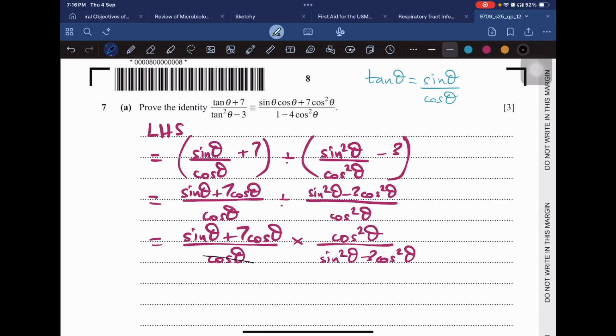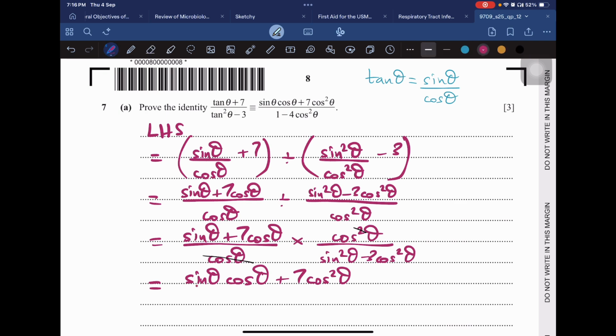So we have cos theta here, and then we can cancel out the square over here. That kind of fixes our numerator for us. So now if we multiply the two fractions, we'll have sine theta cos theta plus 7 cos square theta. So our numerator matches this now.